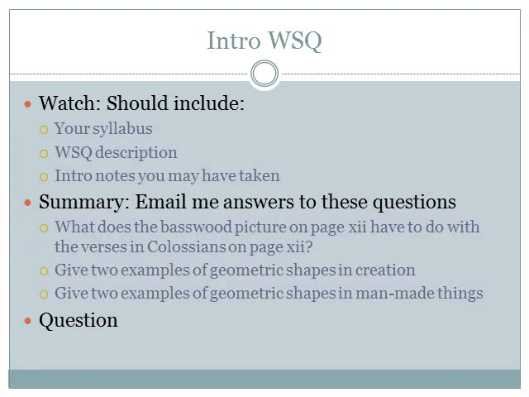What does the basswood picture on page 12, the Roman numeral page 12, have to do with the verses in Colossians on the next page, which actually should say 13? I'm sorry about that. Give 2 examples of geometric shapes that you can find in God's creation, and then give me 2 examples of geometric shapes in man-made things.